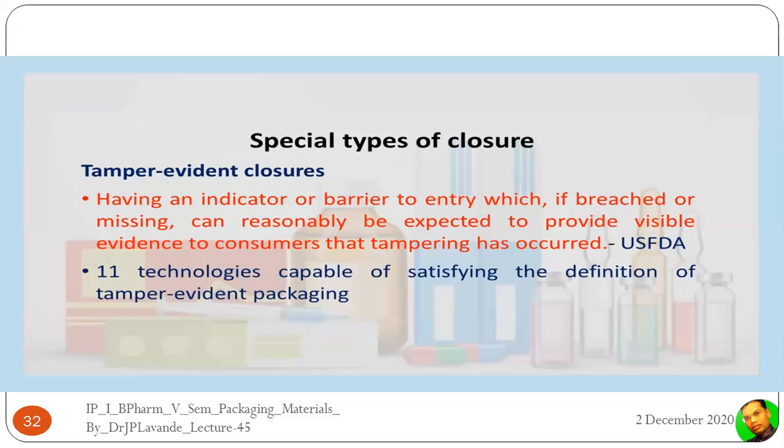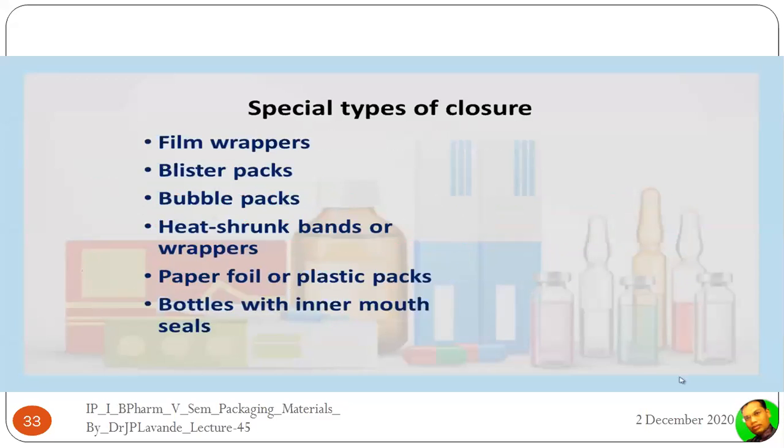Now, in order to have this tamper evident closure system, there are different technologies which have been developed. There are 11 technologies capable of satisfying the definition of tamper evident packaging.